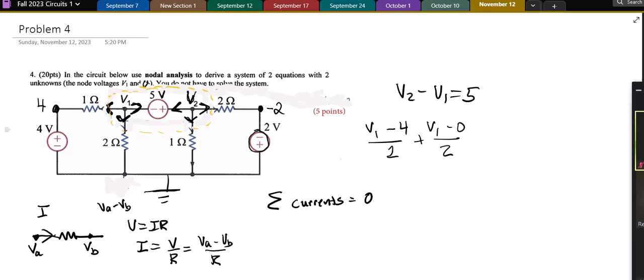Now, I don't do anything for this middle branch because I turned this into a supernode. So I skip this current right here, and I go over to V2. Then I'll do V2 going to the right. I'm starting at V2, minus the voltage on the other side, so minus a negative 2, over 2, plus the current going down, which will be V2 minus 0 over 1, and those all add up to 0.